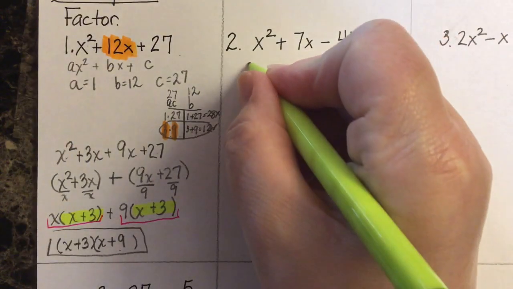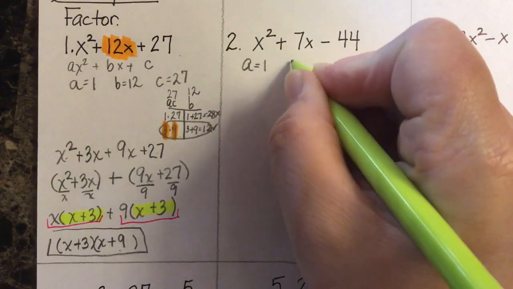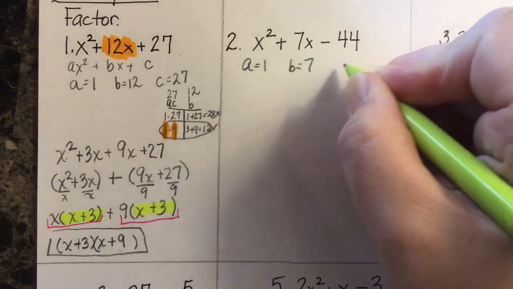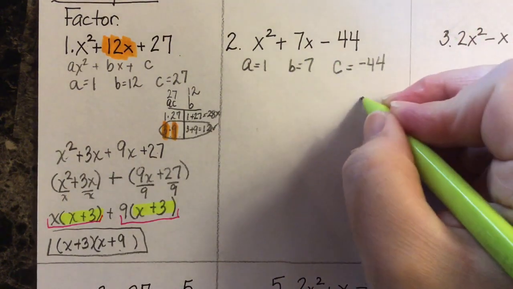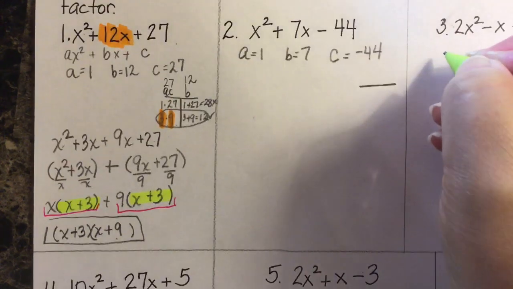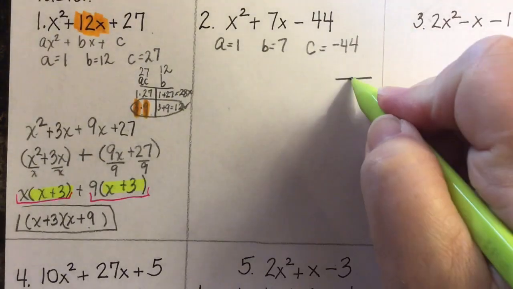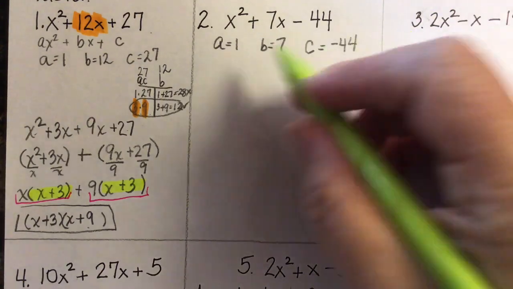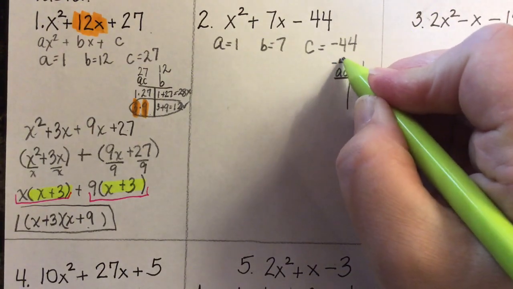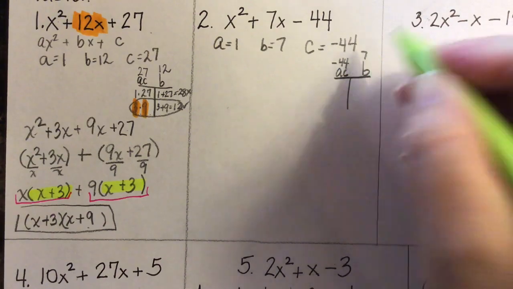Okay, so in the next example, A is 1, B is 7, C is negative 44. I want to find factors of A times C that will give me a sum of B. A times C is negative 44, B is 7.